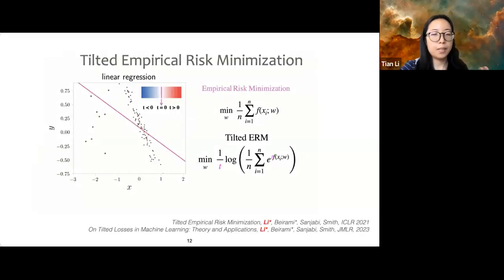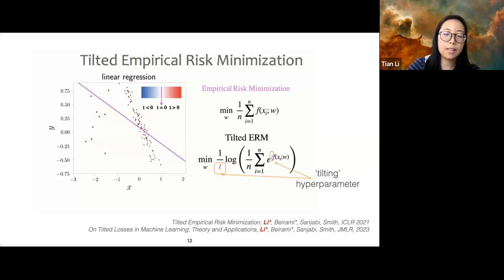Okay, and then inspired by similar intuitions from q-FFL, we propose a more general objective, which we'll call tilted empirical risk minimization, or TERM for short. So instead of minimizing the average of the losses, tilted ERM is minimizing the exponentially tilted average of the losses.